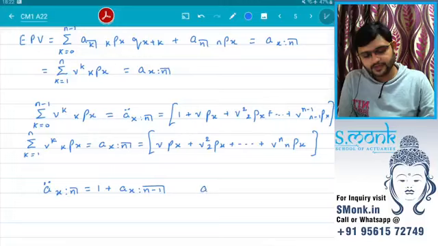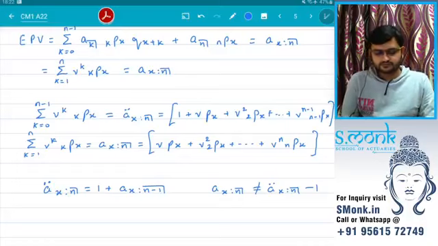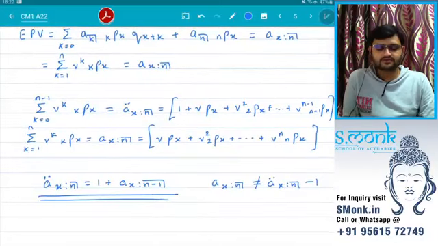So remember, a due, or if we write ax n, this will not be equal to a due x n minus 1. Okay, this will not be equal to this. So this is a relationship that might be useful.